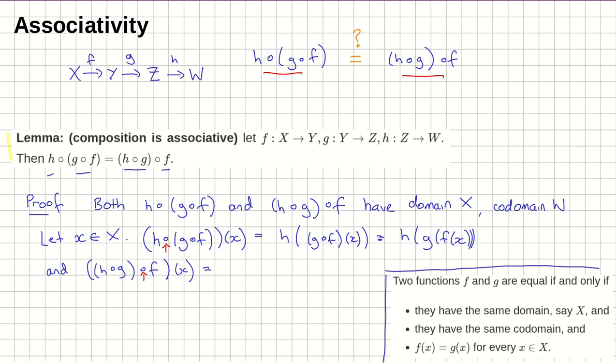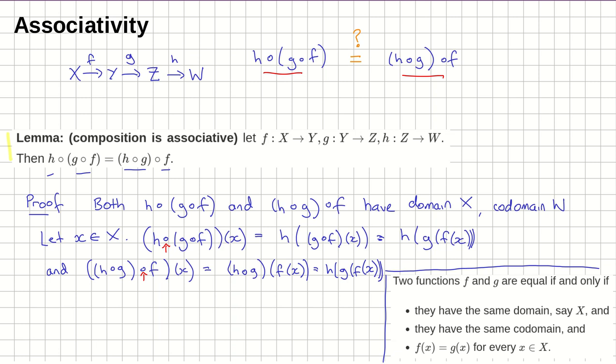Well, by definition of composition, this is h composed with g applied to f applied to x. And then again, just unwinding this remaining composition, what we've got is h of g of f of x. Right, the same thing that we had before.